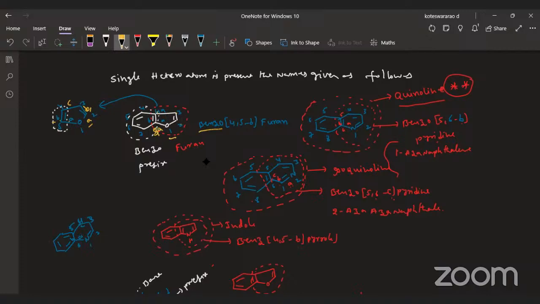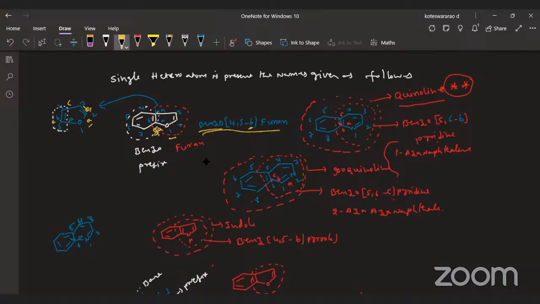That is clearly indicated as benzo 4, 5. This is the fused bond, and the specific labeling is benzo[4,5-b]furan. This is the perfect IUPAC name.